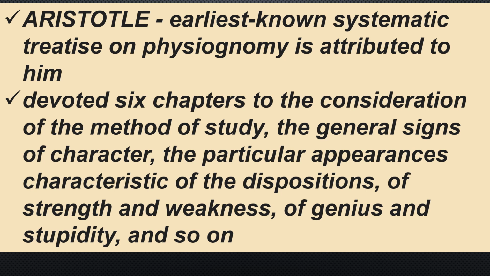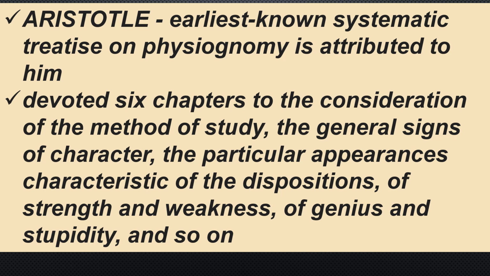And the particular appearance, meaning yung specific na bahagi ng katawan ng tao. So maaaring sa ilong, maaaring sa mata, maaaring sa bibig, maaaring sa cheekbones or sa tenga. So that's the idea. Una yung pangkalahatan, the general signs of character, yung pangkalahatan na appearance ng tao.